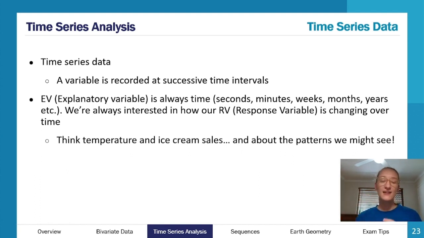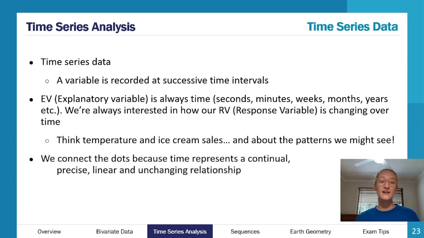And then we're looking again at those patterns, relationships, associations. So we're thinking, oh, that's so interesting. We're selling a lot more ice creams in December and we're not selling a whole lot in July. Why might that be? It's related to temperature most likely. But again, it's got to have some measure of time for it to be time series data.